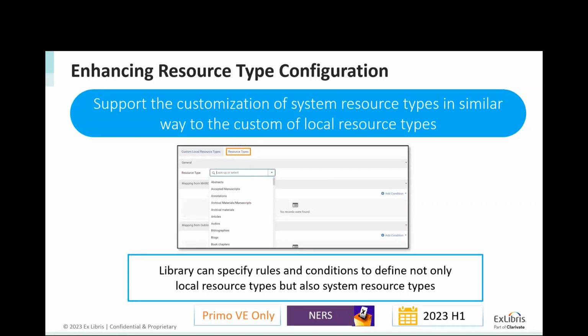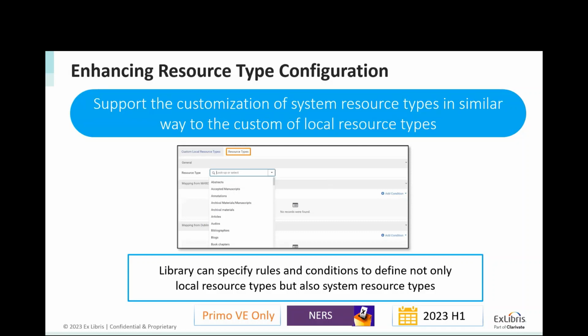You will add a new rule, a new condition, and we will give a priority to those conditions and rules. We will compile your custom rules and conditions before compiling our out-of-the-box system resource type rules and conditions.